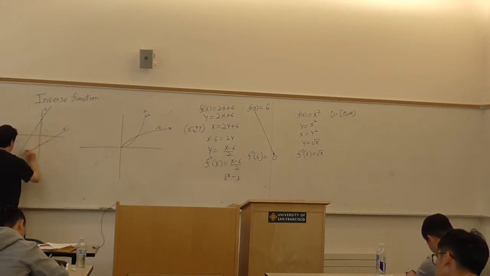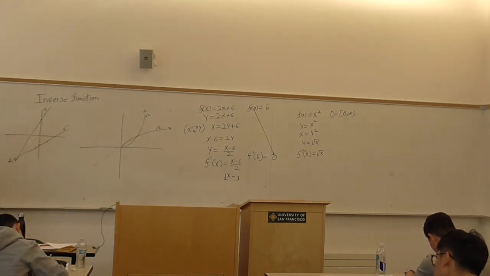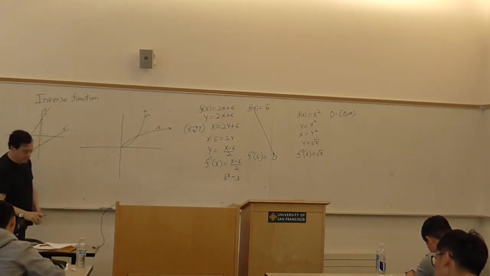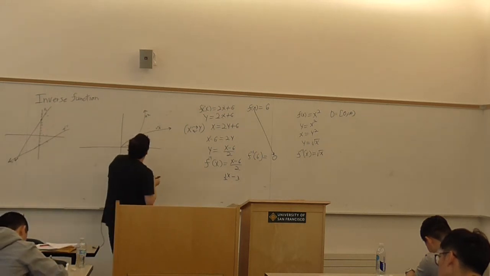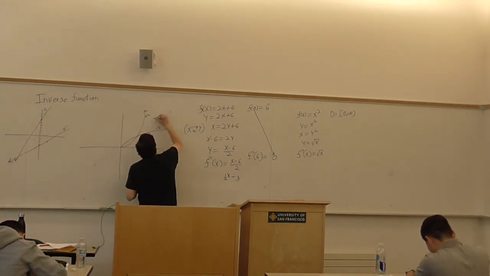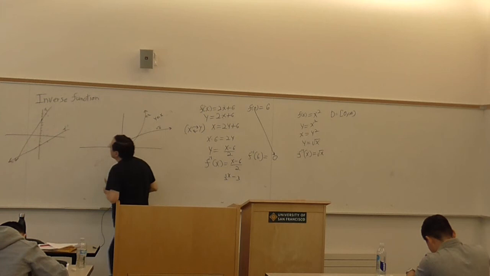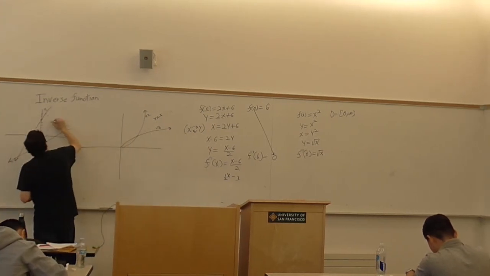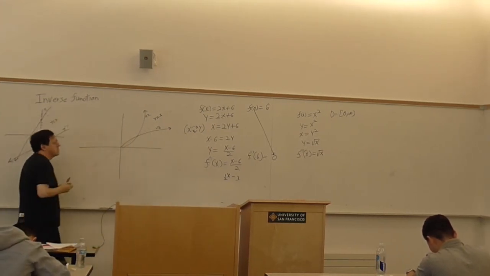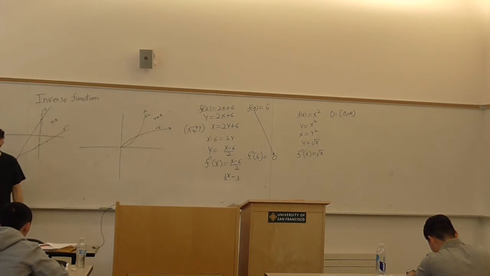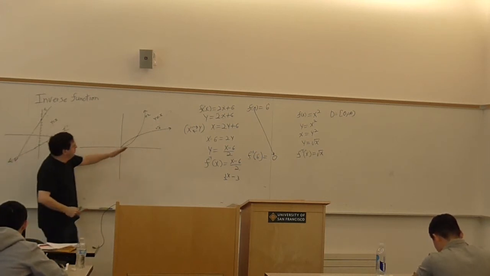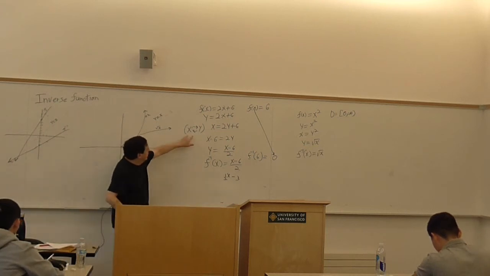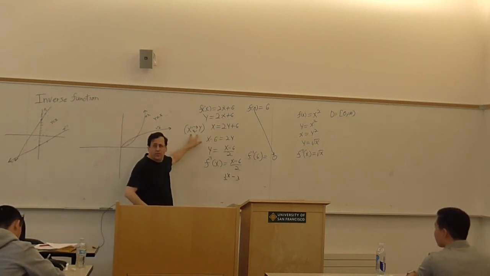Same with this function here. What is this line here? This line is y equals x. Now think about how I was creating these inverse functions. Switch the y and x variables.